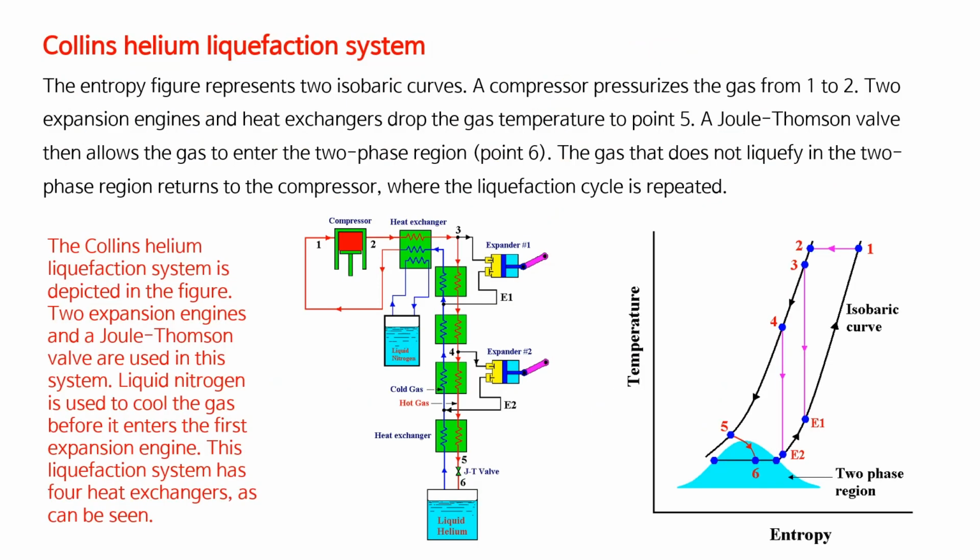So this figure shows the Collins helium liquefaction system. This one, and this is the entropy graph. The entropy figure represents two isobaric curves. One, these two black lines. A compressor pressurized the gas from 1 to 2.